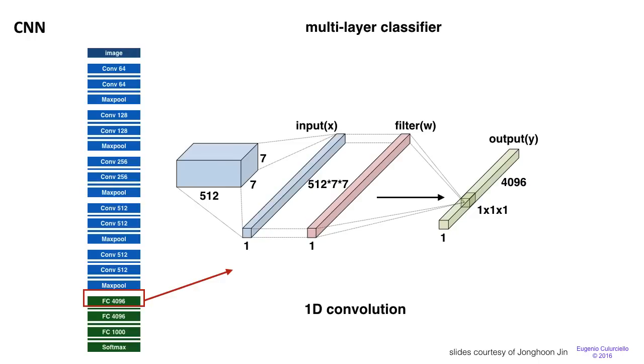Then we have the multi-layer classifier at the end, and this you already know. They are basically the multi-layer perceptron that we've seen. There's just a slight difference here. Notice that usually at the output of a convolutional neural network, look at that rectangular box of 512 by 7 by 7.